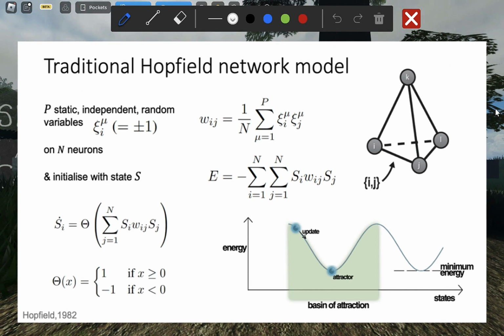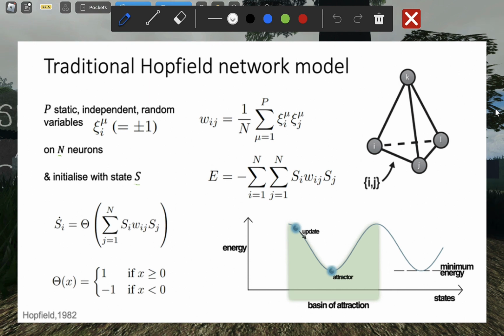In the traditional Hopfield network, you set up some patterns. These are typically random patterns, but they could be structured in whatever way, for example taking the form of an image with black or white pixels. Those are over some number of neurons, capital N. Then we initialize a state S, which is normally some random state.